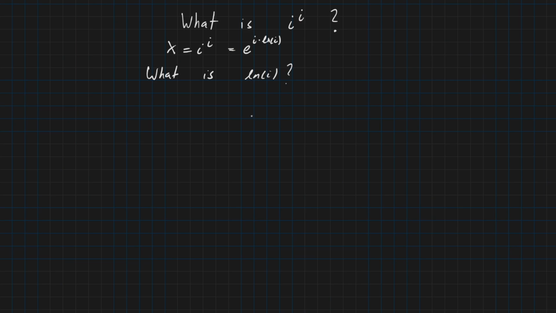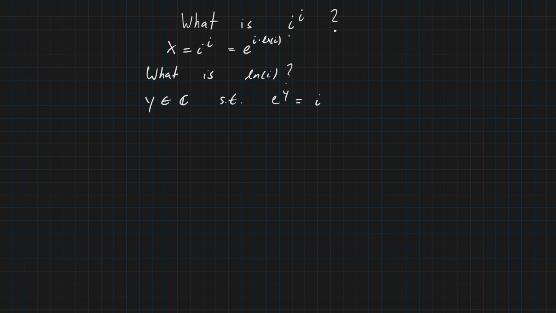In order to find it out, we note that the e function is the inverse function of the logarithm. So in order to evaluate the logarithm at some point, we try to find a certain y as a complex number such that e to the power of y equals i.